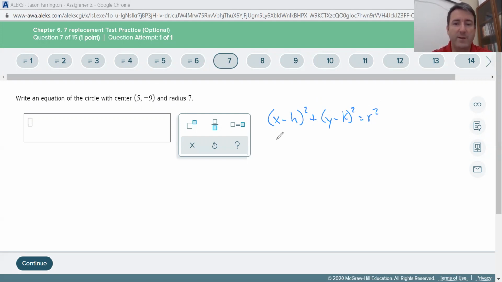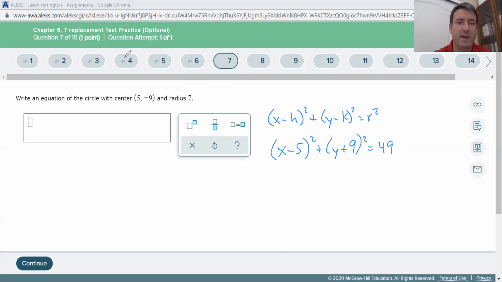So here all we need to do is plug in h and k. We have x minus h, which is 5, squared, plus y minus k, which is -9, so it's going to be +9, squared is equal to r, which is 7, squared is 49.